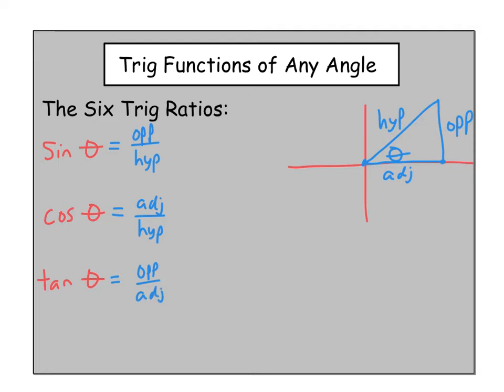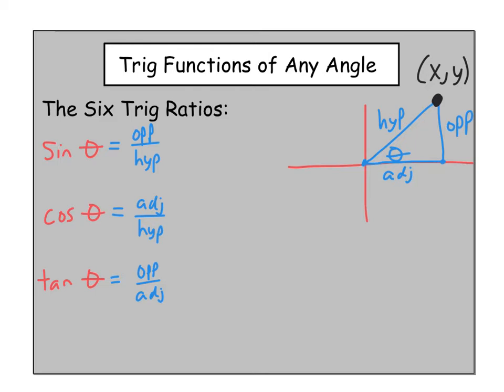Okay, so just to introduce, before I get to the other 3 ratios, a little different way of thinking about these. A lot of times once you get past just right triangles and you start opening this up to larger angles in any quadrant, the idea is you think of a point on the terminal side of the angle. The terminal side of the angle is the hypotenuse over here.